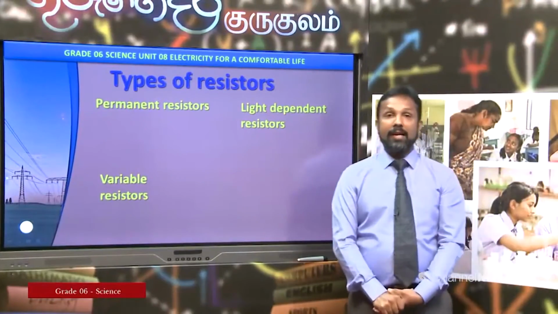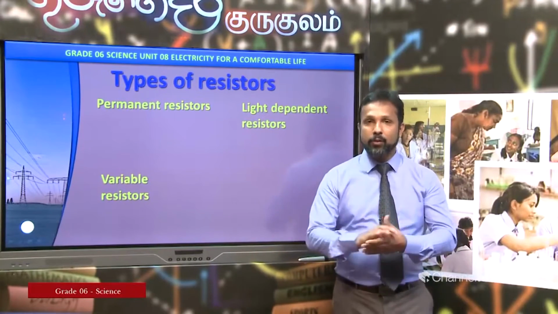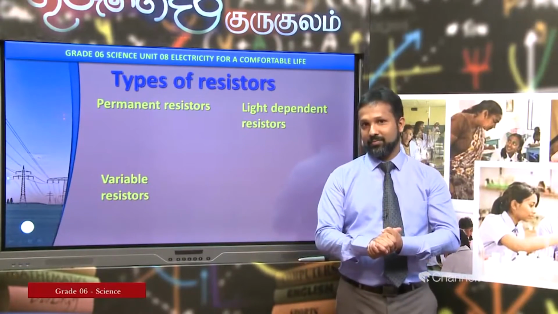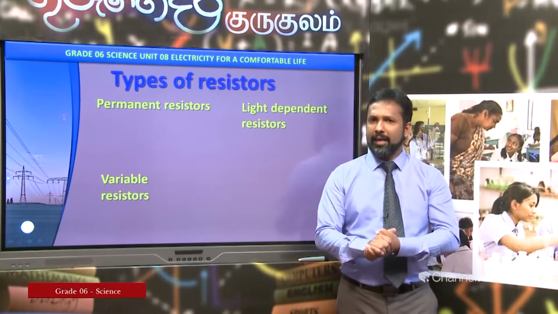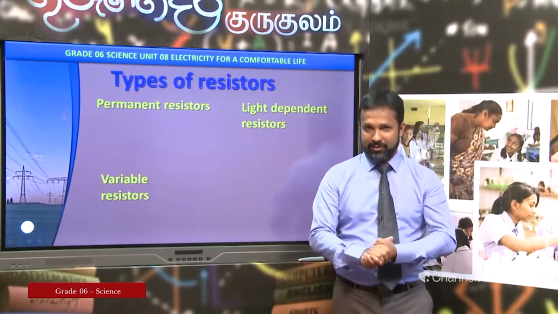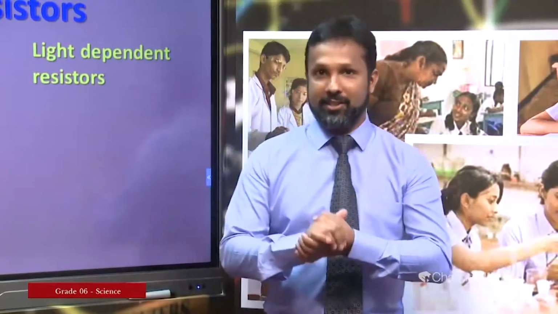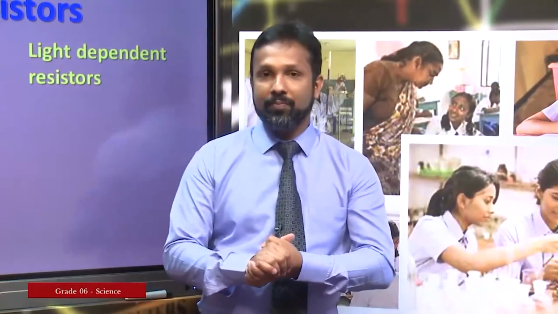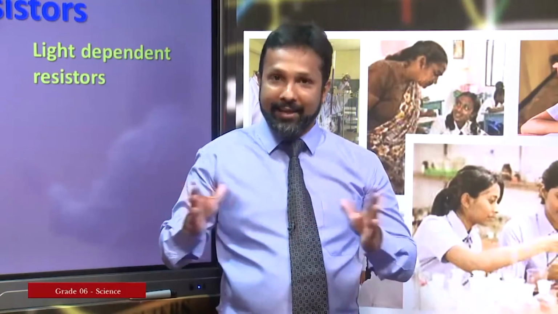Now, let's focus our attention on different types of resistors. I showed you only a few resistors. They are called permanent resistors because their resistance value cannot be changed.